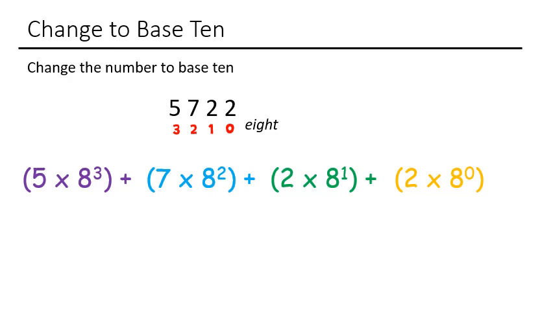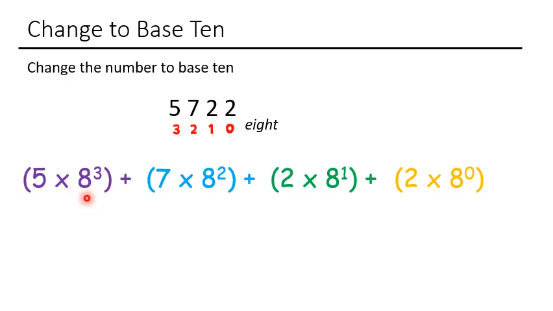Okay, now is when you want to grab your calculator and actually multiply this out and see what these numbers are. So for example here, 8 to the 3rd power is 8 times 8 times 8, which when you do that, you get 512.